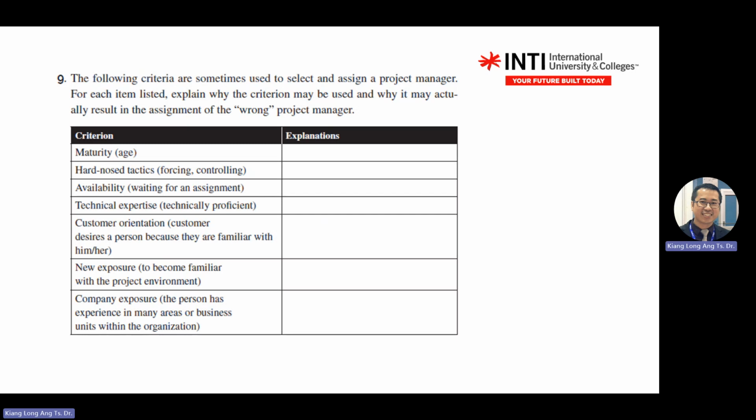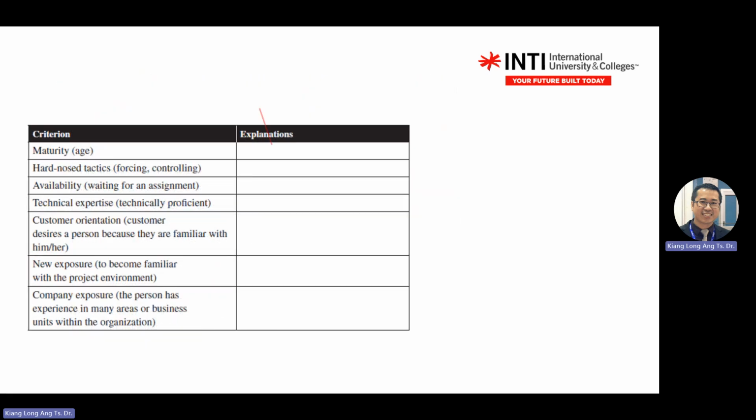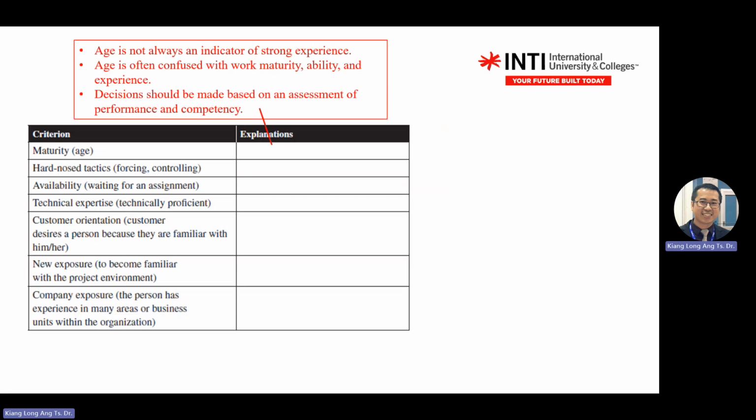So these are the criteria that are suggested to consider. And what is your feedback? Is the age a problem? Is forcing, controlling a problem? Is technical expertise a problem to become a project manager?